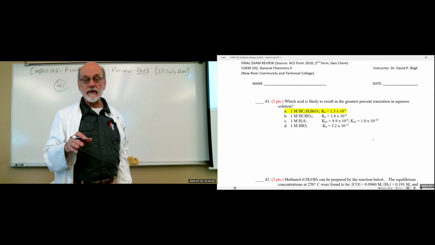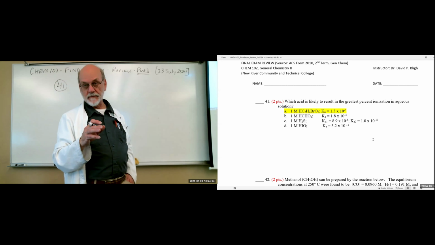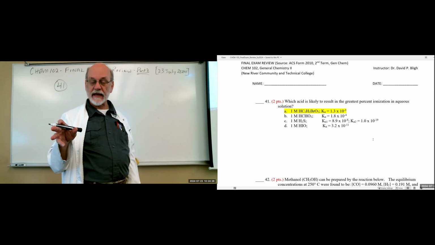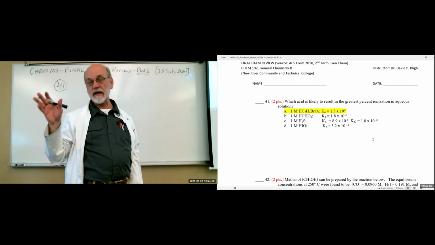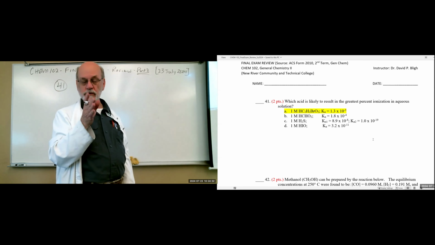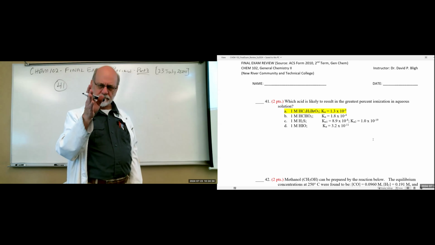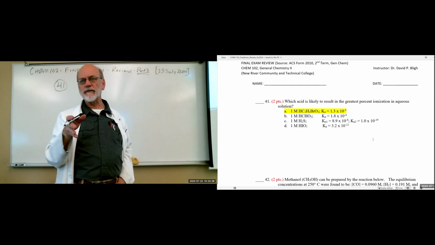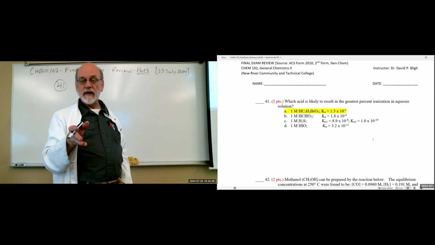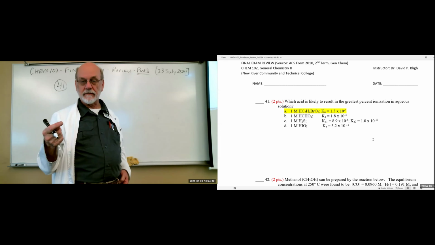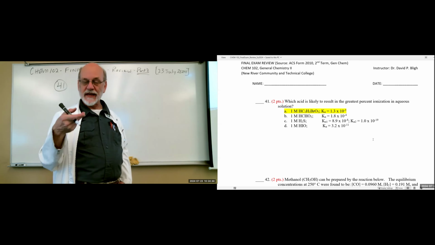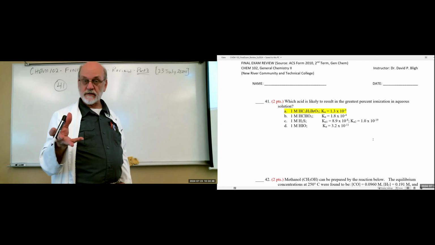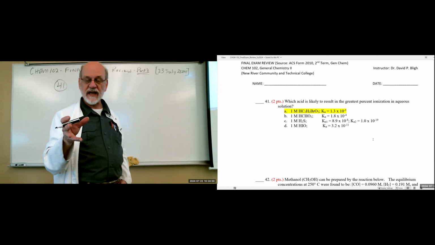That includes C, hydrosulfuric acid, which has a K1 and a K2. The K2 is so small, it doesn't matter. So we focus on K1 and look at the powers of 10. They're all different powers of 10: minus 11, minus 8, minus 4, minus 3. Minus 3 is the largest, 10 to the minus 3 is the largest K.